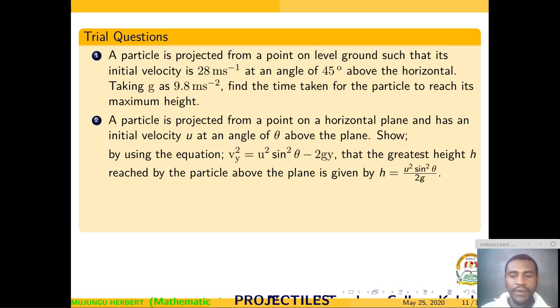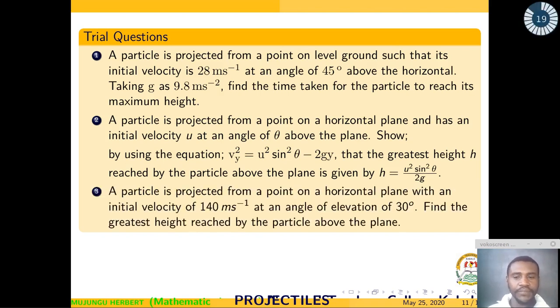As you can recall, we used different expressions. So now I want you to try this other equation of motion to get the maximum height. You can still discuss that in your free time.